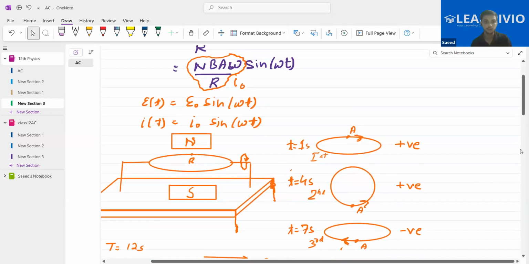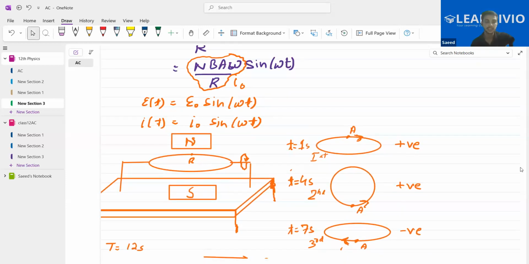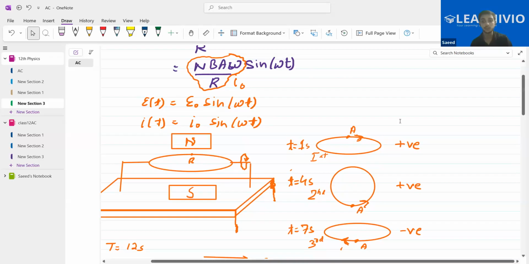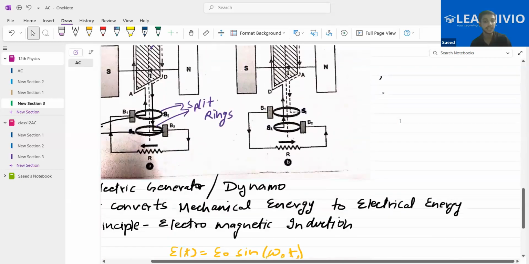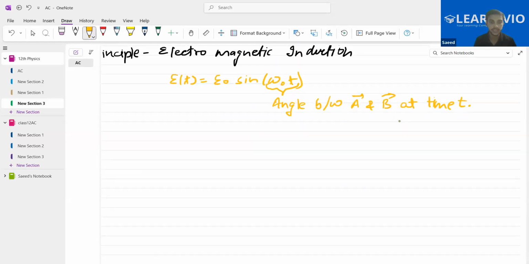In our example also, the area vector and the magnetic field are always at 180 degrees or 0 degrees. But this should not always be the case; there can be different angles also. So because of that, we write the equation like this: E of t is E naught sine of omega naught t plus phi, where phi is the initial phase or initial angle.